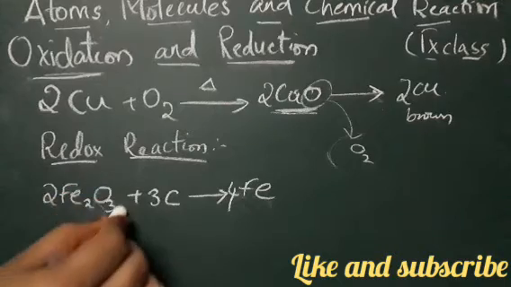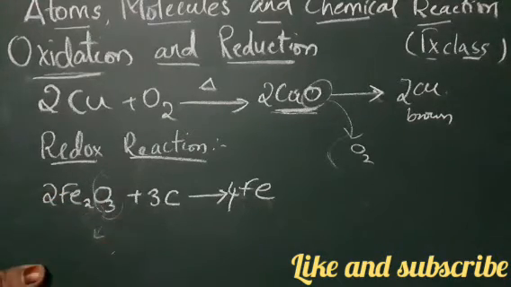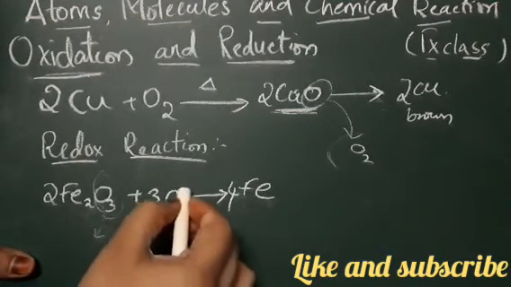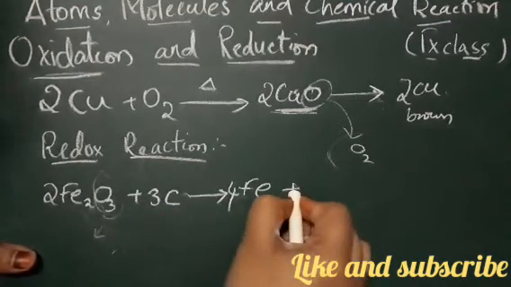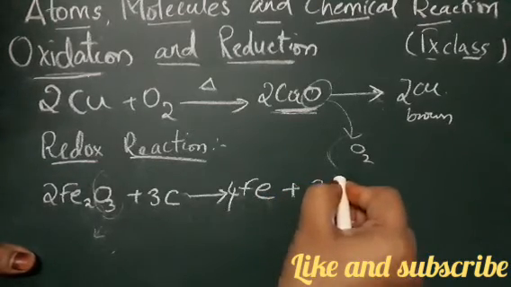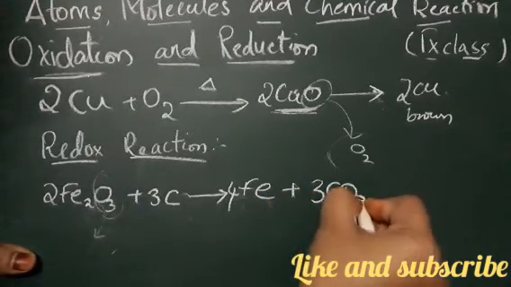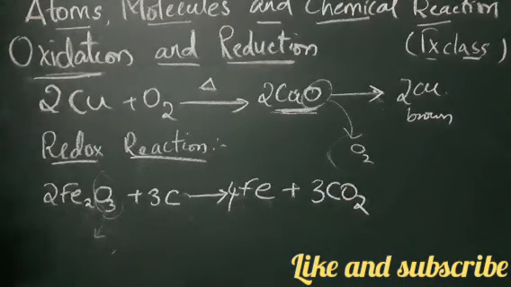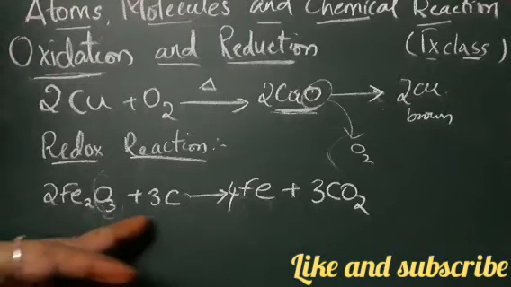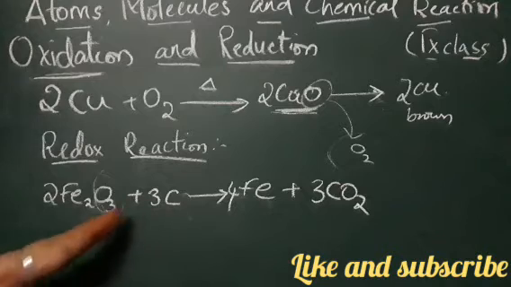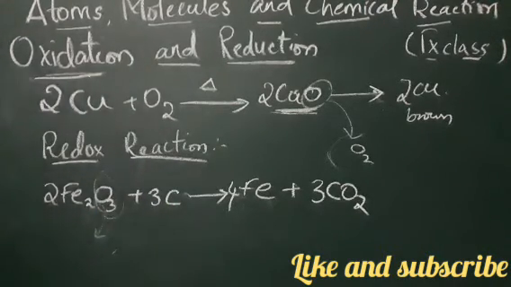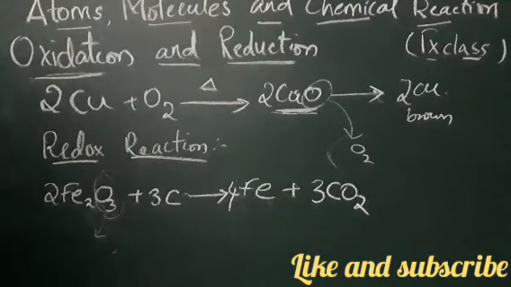This oxygen is released from here, that means it has undergone reduction. Now this oxygen has gone and combined with carbon, forming 3CO2. So here oxygen is added. Here it is lost, here it is added. That means it has undergone both reduction and oxidation reaction. So this is called redox reaction or oxidation reduction reaction.